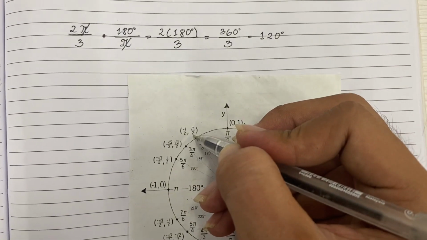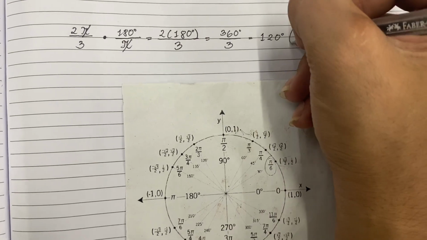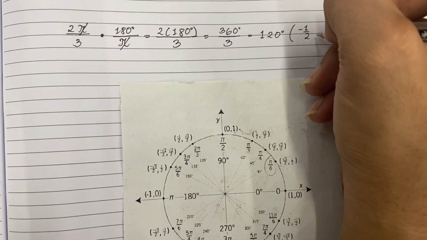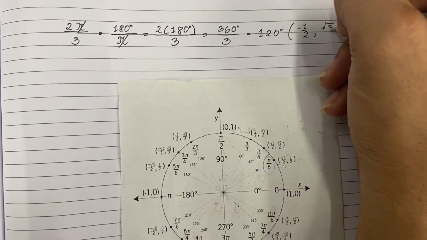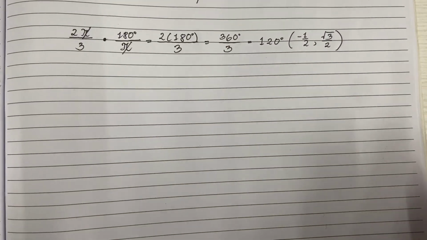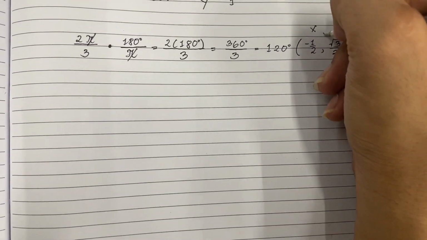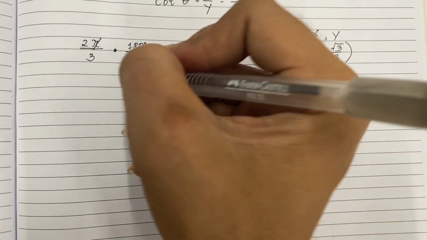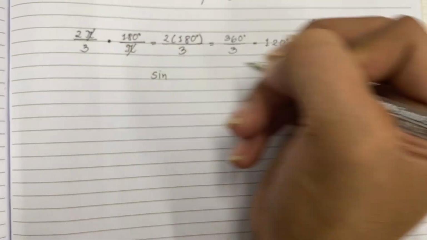Here it is. We have the ordered pair, negative 1/2, and square root of 3 over 2. Remember that the first element is x, the second element is y. Now let's write again the 6 trigonometric functions.